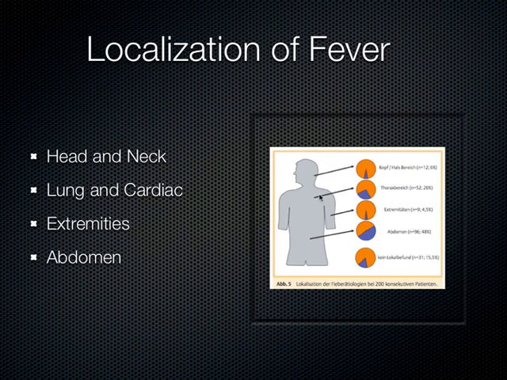And this is a diagram from their article that I have here for you. I don't speak German, but it looks like you could go to the head or neck in about 12% of patients.